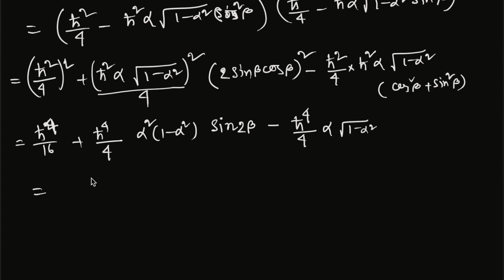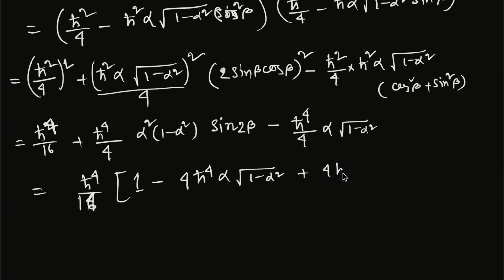That means if we take common h to the power 4 by 4, if we take common h square by 16, we will get 1 minus 4 h to the power 4 alpha root over 1 minus alpha square plus 4 h to the power 4 alpha square 1 minus alpha square sine square 2 beta.